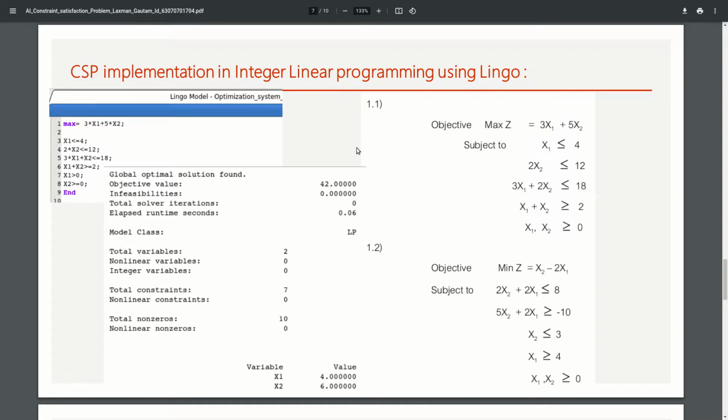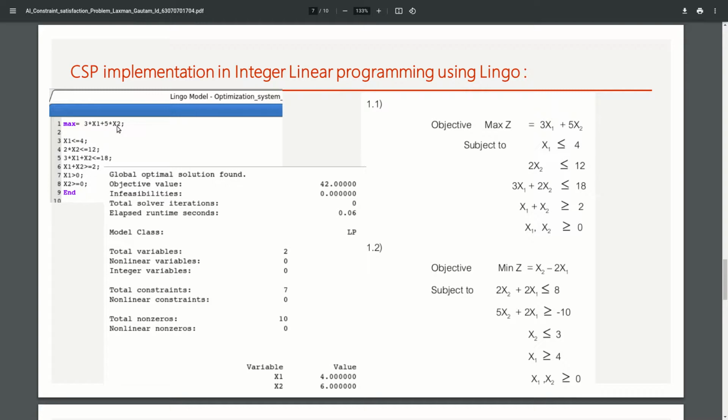Lingo is software where we can put different objective functions and sets of constraints, and solve the equation. So this is the Lingo model, where the first lines define the optimization model. This equation, 3x1 plus 5x2, is the optimization objective function.